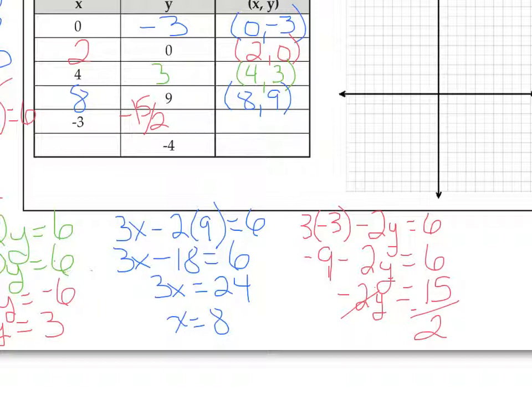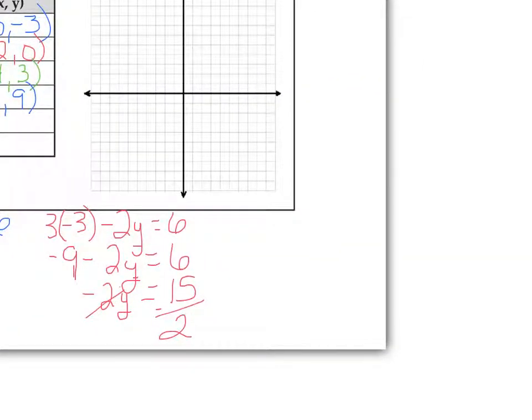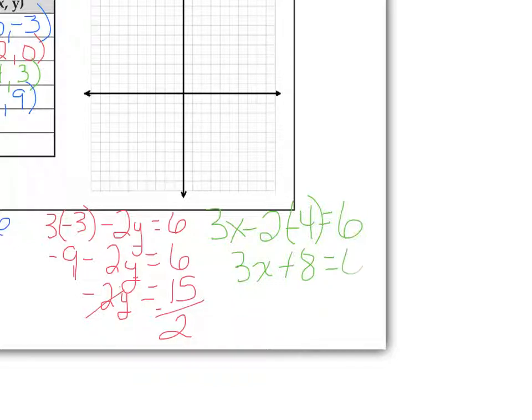Okay, one more. We have y equals negative 4. So I'm just going to scroll over here, and I'm going to put 3x minus 2y, which is negative 4, equals 6. So 3x, so this would be plus 8, because negative 2 times negative 4 is positive 8. So to solve for this x, we have to subtract 8. When you subtract 8 from this side, 6 minus 8, you end up with negative 2.